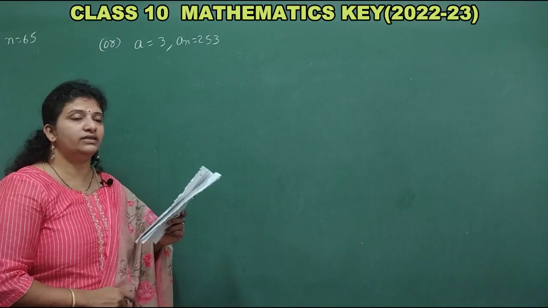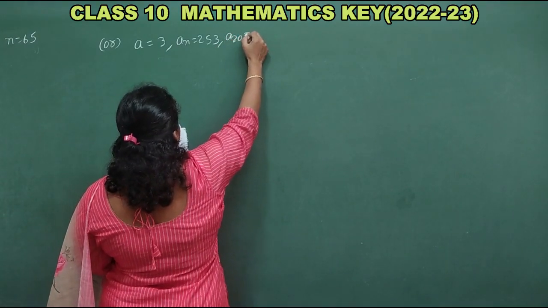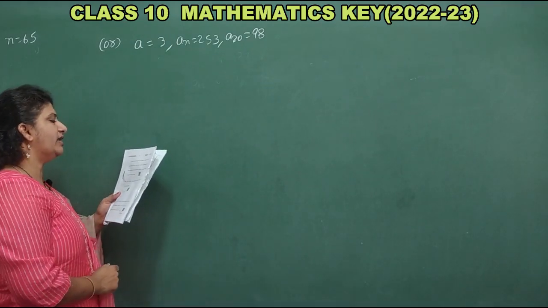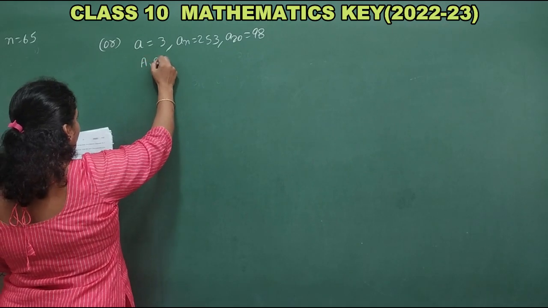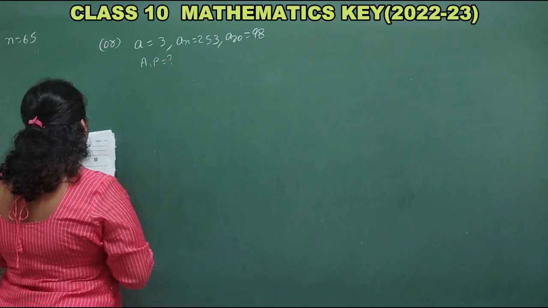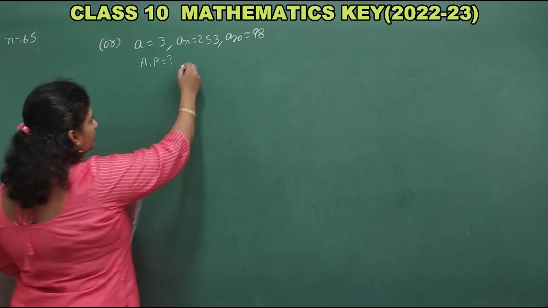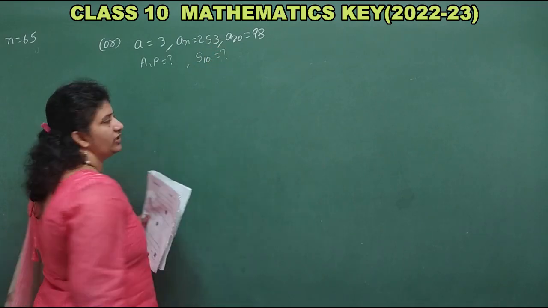If the 20th term of the progression is 98, A20 is equal to 98, then find the arithmetic progression. Also find the sum of the last 10 terms of this progression. Not the first 10 terms, the sum of the last 10 terms you need to calculate.